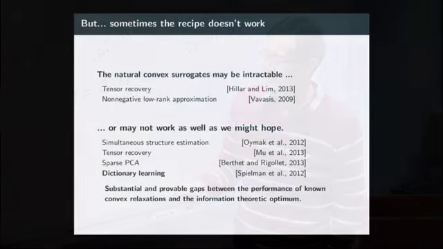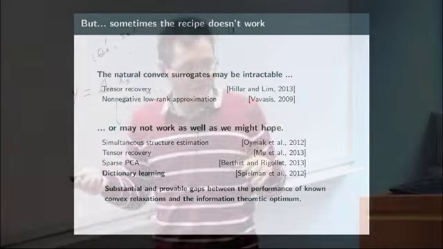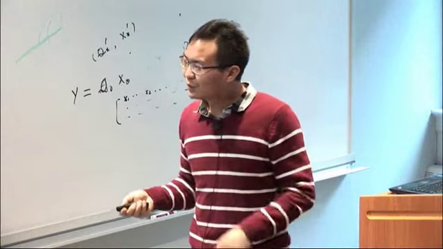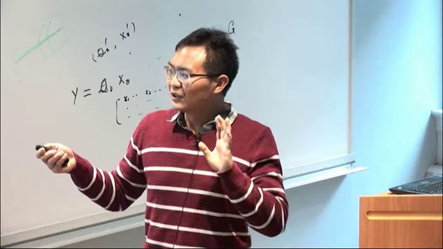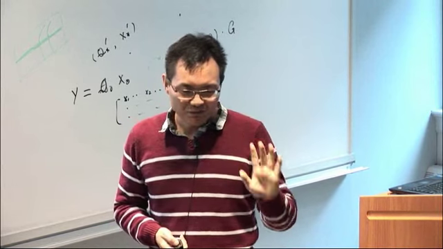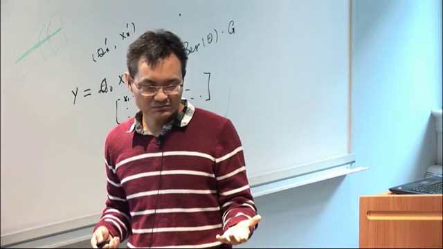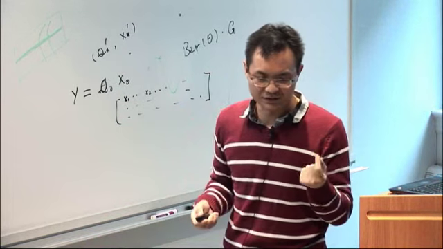The problem is that in applied fields, machine learning or signal processing, we know of cases where, even if you have a convex relaxation, you can't do optimization against it. That's one scenario.